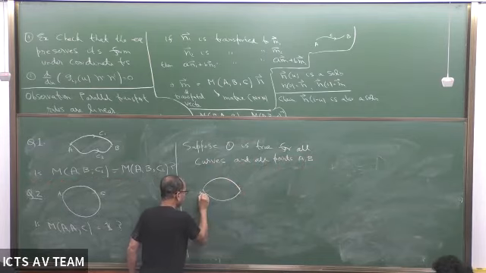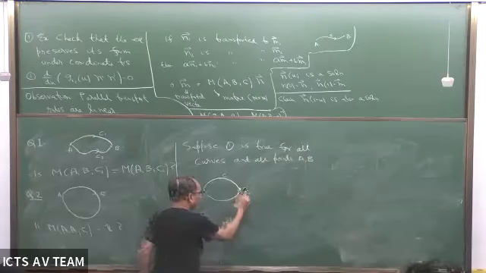So we have A and this is C. We just pick some arbitrary point B, some arbitrary point.